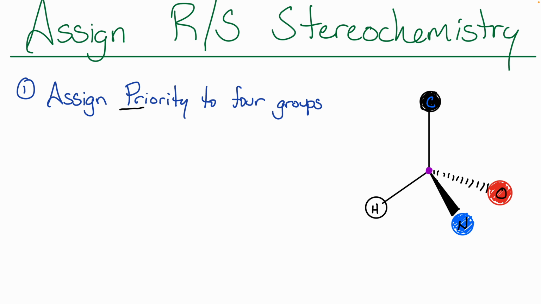All right, so what exactly do we mean by priority? Priority we're going to assign based on atomic number. The higher the atomic number, the higher the priority.